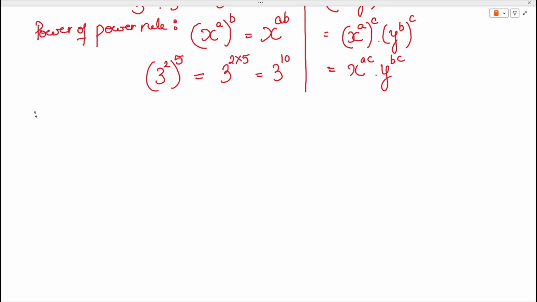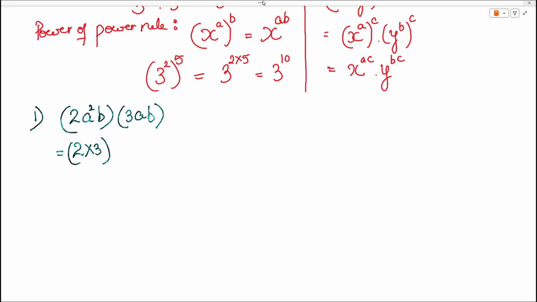Let us take the first one. In this question, these two are in multiplication. So what we'll do is, this becomes 2 times 3, and then these two powers have the same base and they are in multiplication, which means we can write a raised to the exponent 2 plus 1, because there's no exponent written, so the exponent is 1.